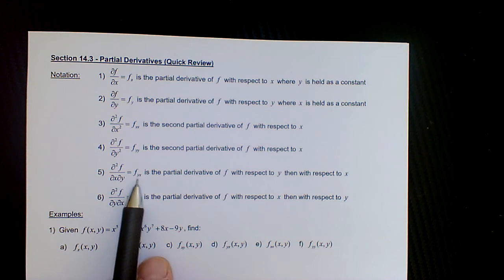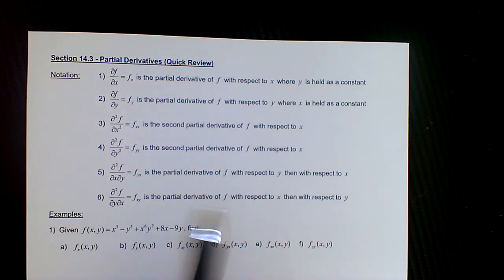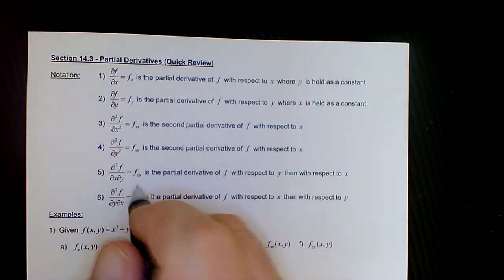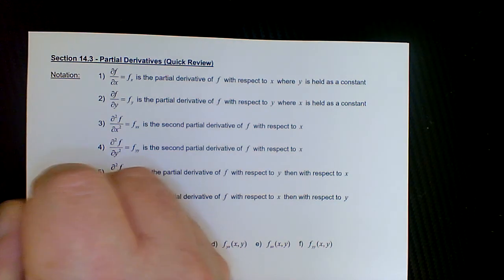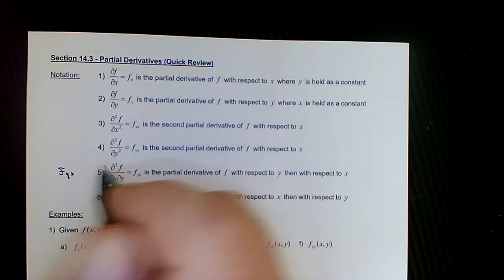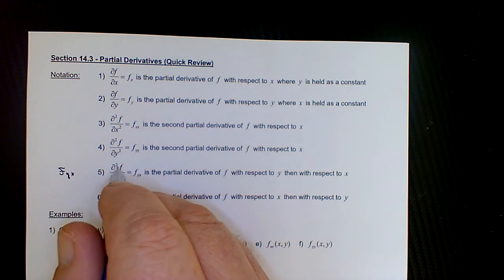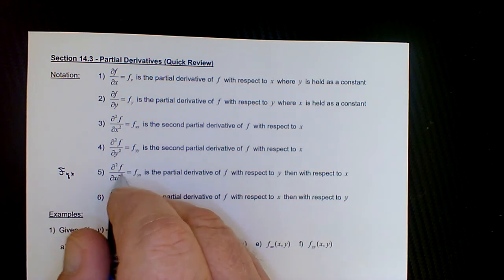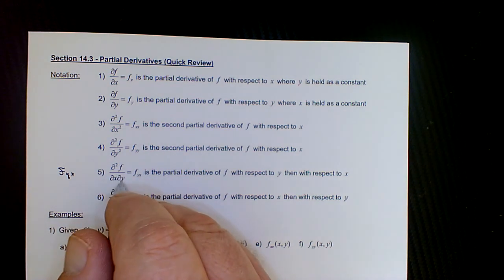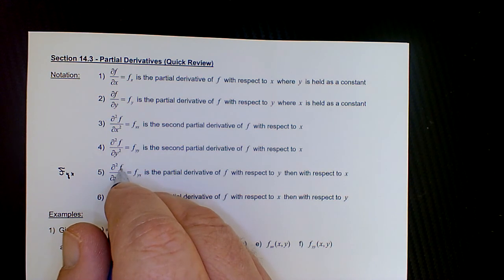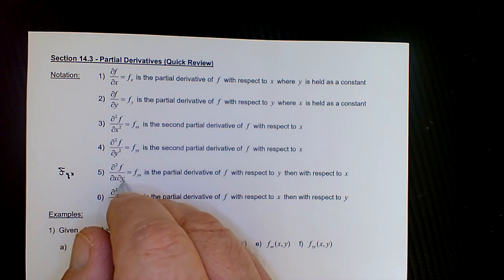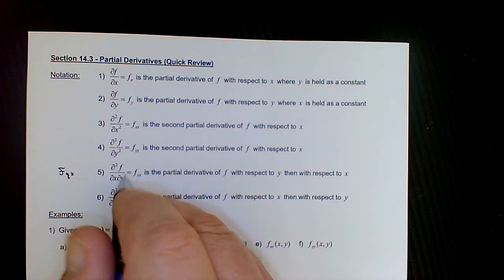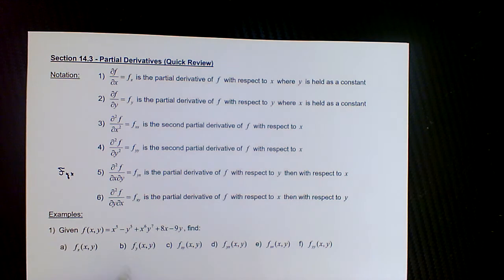Notice that notationally they're a little bit different, because when we say f sub y x, for example, we're talking about y first, x second, as opposed to when we take the second partial using the differential notation, we're talking about taking y first, and that's listed second in the bottom portion of the notation. So just notice that little difference.